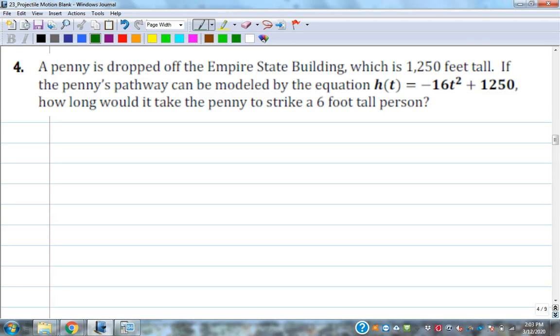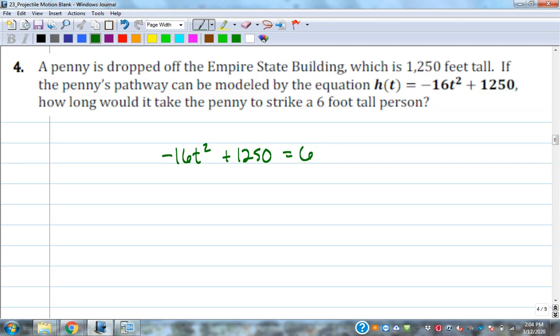So what's it going to be equal to when it hits them? 6 foot. If it asked for when it hit the ground, we said it equal to 0. But it asked when it hit a 6-foot tall person, which I'm not 6 foot. But we set the thing equal to 6 foot, right? So we set this problem equal to 6 because we want to know when it's going to hit this person in the head.